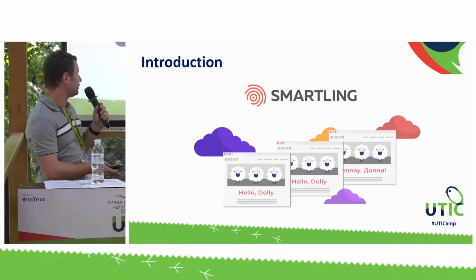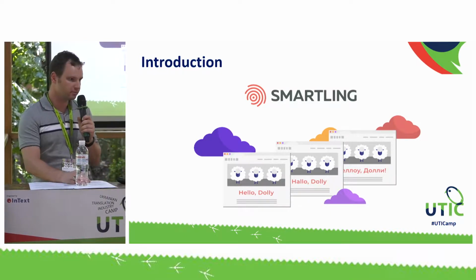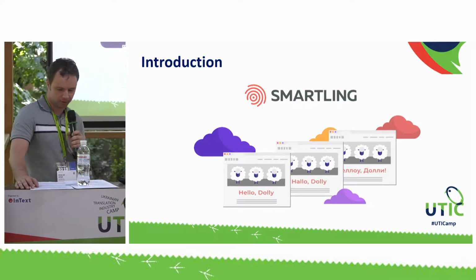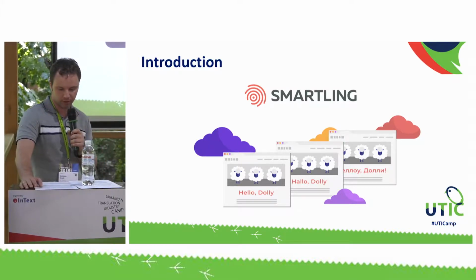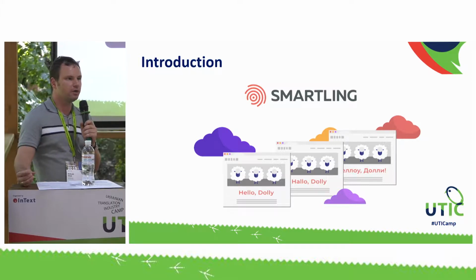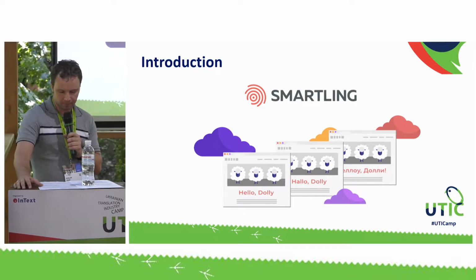So Smartling is essentially a cloud TMS. That's a pretty quick and very short expression that describes what Smartling does. As already mentioned, Smartling is all-in-one, essentially. So this is the tool where you both manage your content and translate your content. And depending on your role, you work with the different products of Smartling.